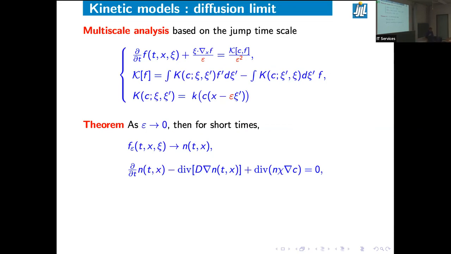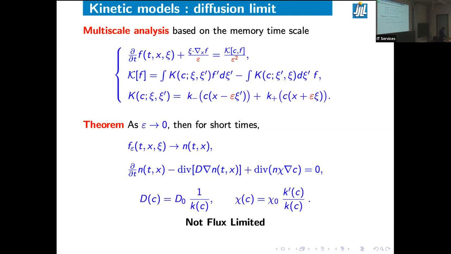But it satisfies the Keller-Segel equation with coefficients depending on your decision of what is K. So what is a kernel? The diffusion coefficient is inversely proportional to the measurement of the concentration K, but the sensitivity, the drift, is proportional to the derivative of K.